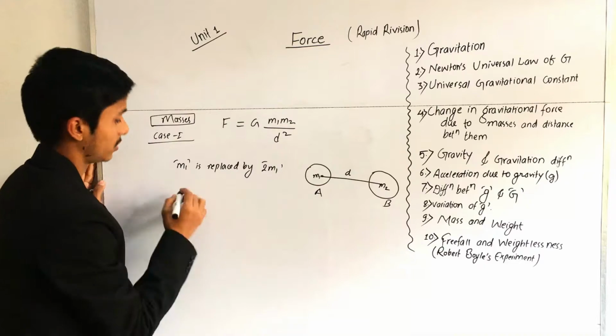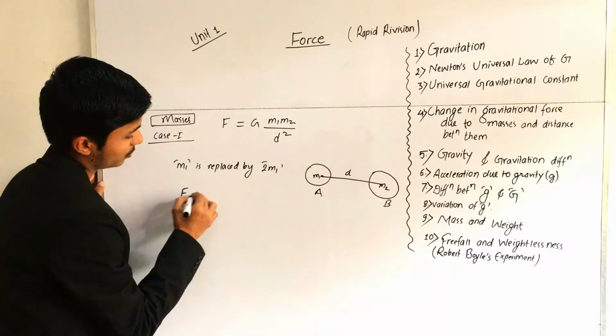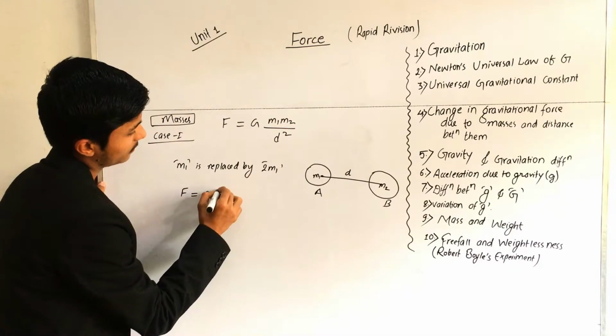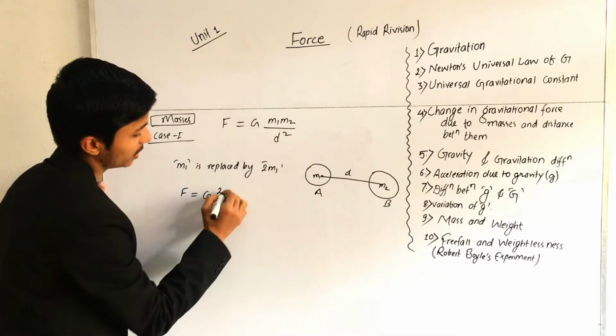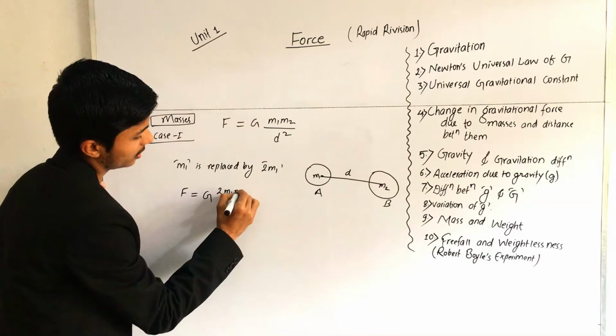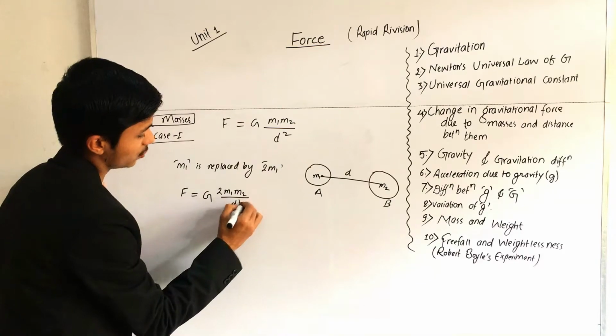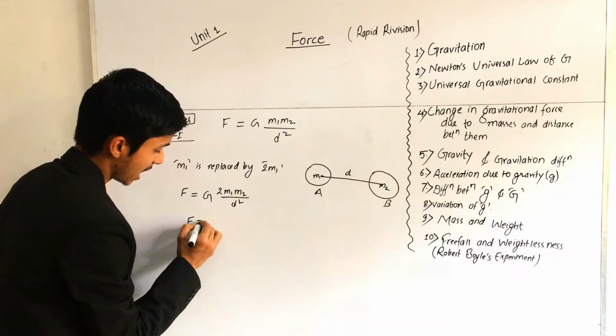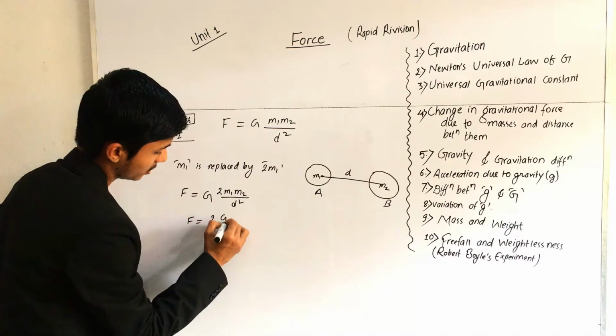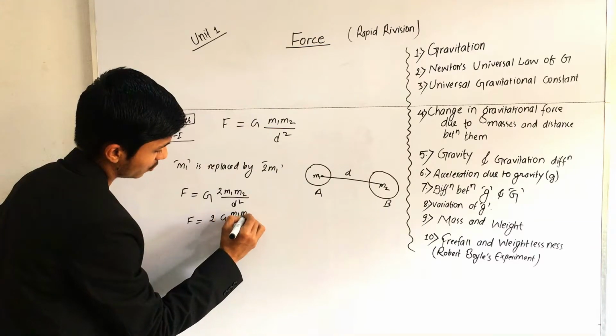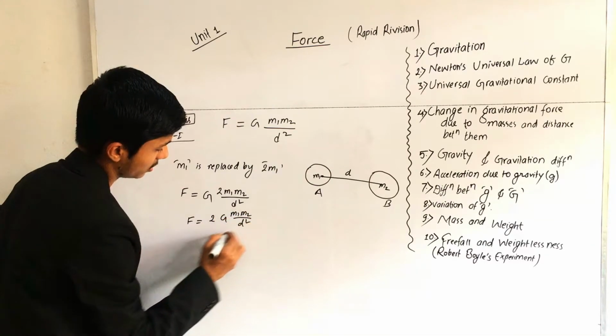So we can write here G, instead of m1 we write 2m1, times m2 by d square. That is F' is equal to 2 times G m1 m2 by d square.